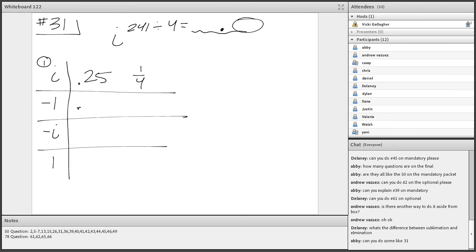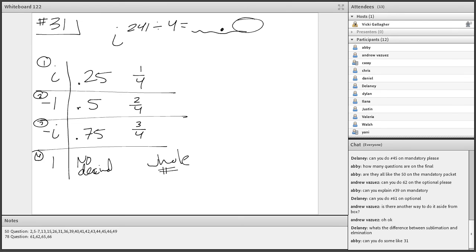If the decimal is 0.5, otherwise known as 2/4, you're going to pick the second option. If the decimal portion is 0.75, otherwise known as 3/4, you will pick your third option. And if there is no decimal, otherwise known as a whole number, you will pick the fourth option.